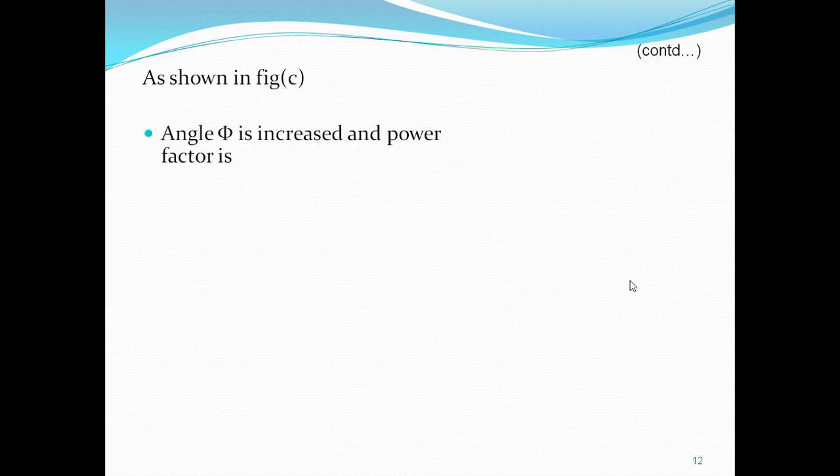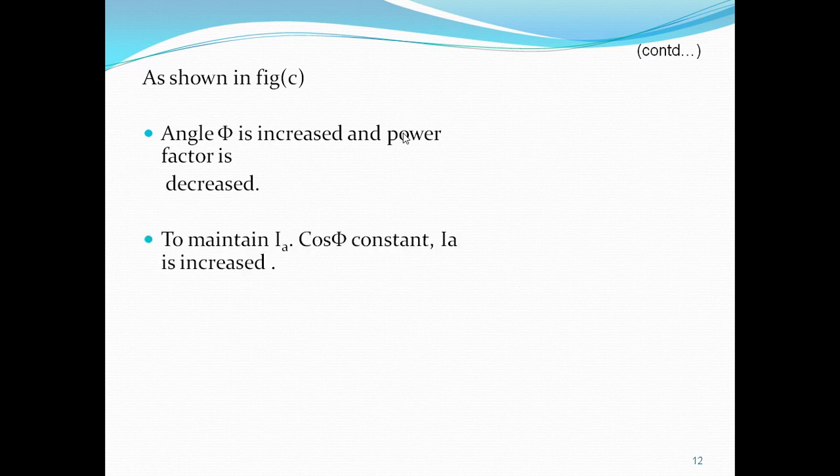So if you draw the figure, when pi is increased, power factor cos pi decreases. When cos pi decreases, as the product I into cos pi is constant, IA increases.